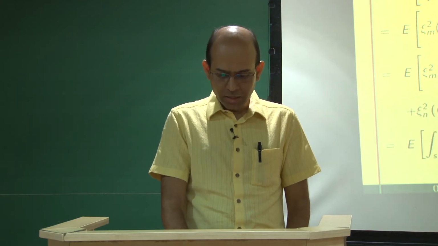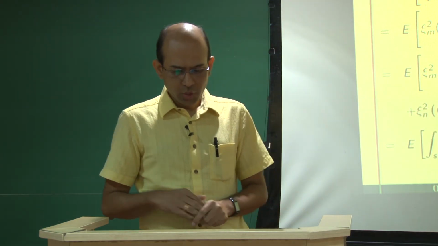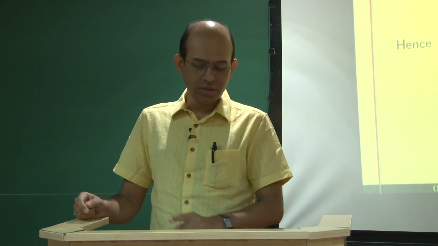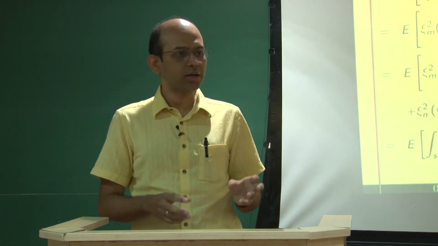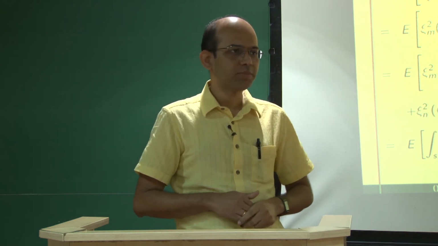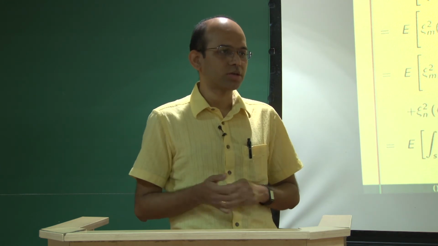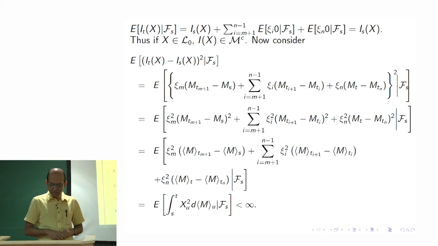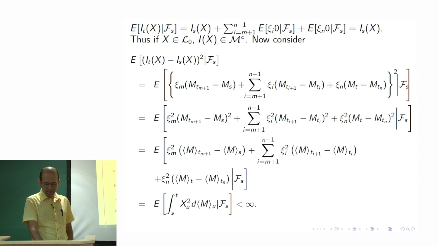Now, we are finding this square. The square of a sum is not the sum of squares, because you are going to get the cross terms also. But here, the expectation of these cross terms, interestingly, are differences of the martingales, the increments of the martingales, and these are disjoint increments.